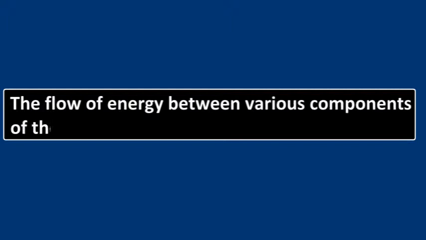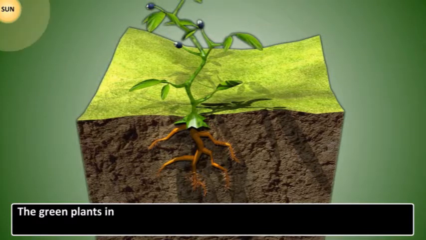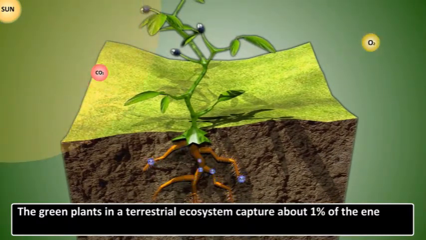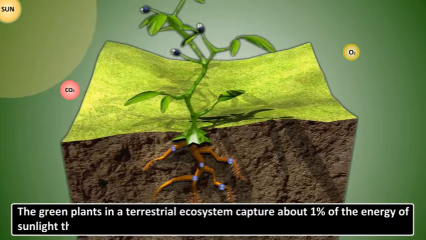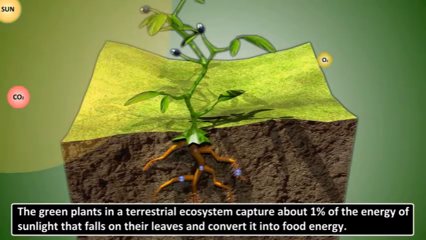The flow of energy between various components of the environment can be traced as follows. The green plants in a terrestrial ecosystem capture about 1% of the energy of sunlight that falls on their leaves and convert it into food energy.